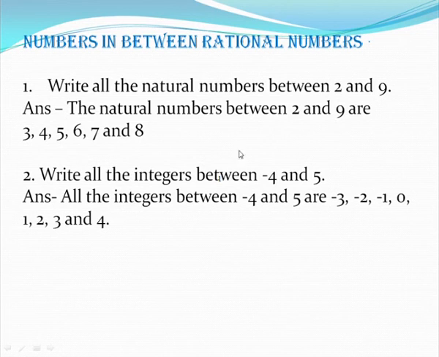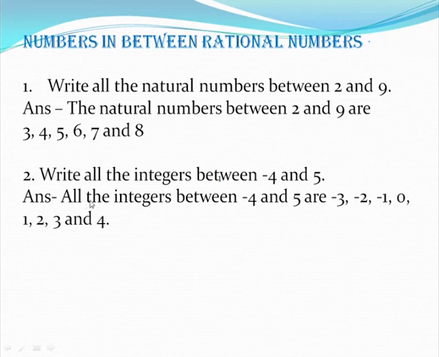Now, question number 2. Write all the integers between -4 and 5. Here you have to write all the integers between -4 and 5. Now everyone knows what integers are? Negative numbers, positive numbers along with 0 are all integers.